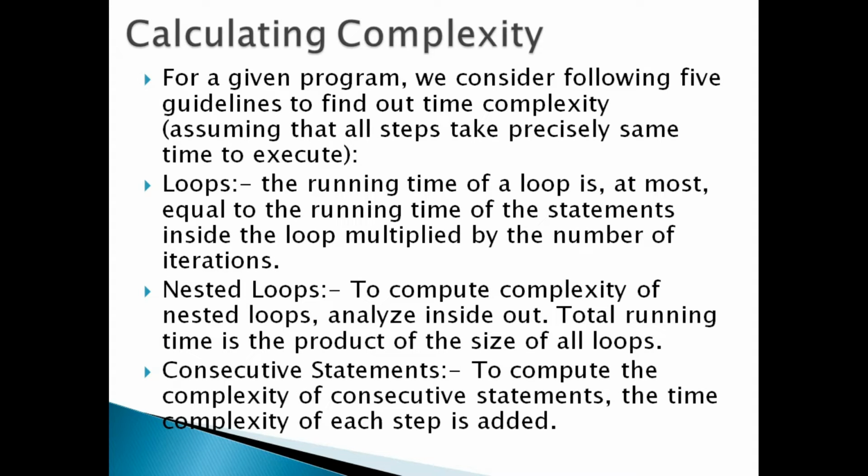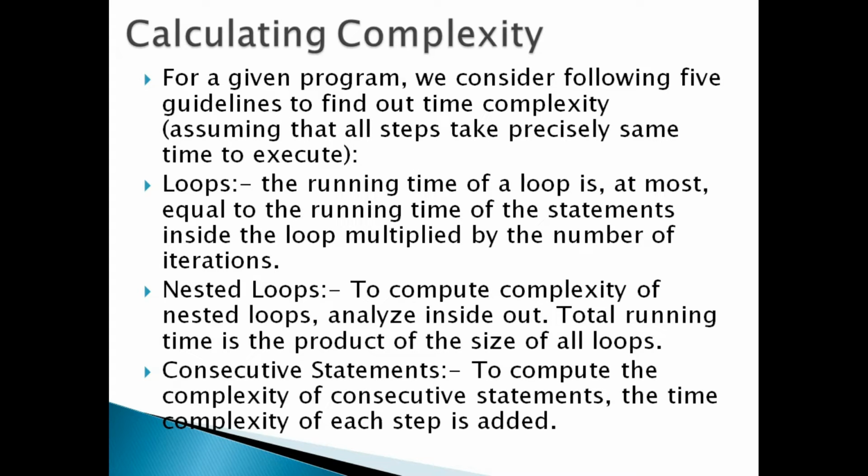Now how to calculate complexity? If we have a program, then we will have different statements in it. So we have divided them into five parts so that we can calculate the complexity. Here we are assuming that all the steps take precisely the same time to execute.